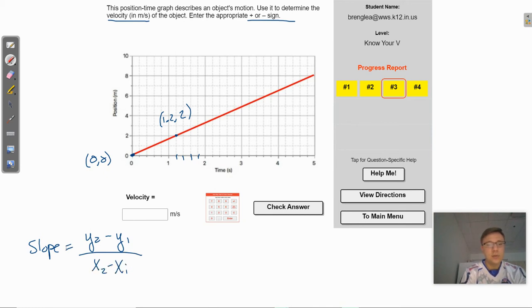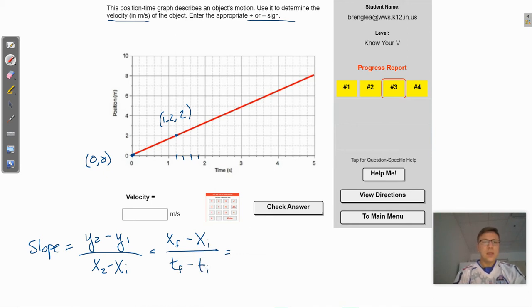Now, specifically for this graph, when we say y2, we're talking about the y-axis. Well, that would be your final position minus your initial position, right? Y2 is final position minus initial position over the final time minus the initial time, okay?